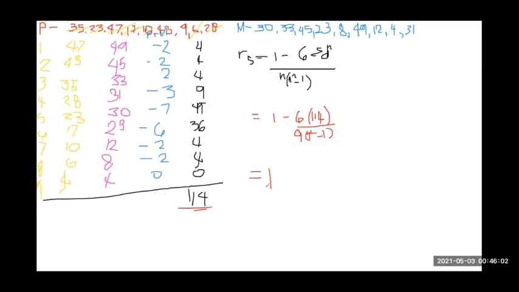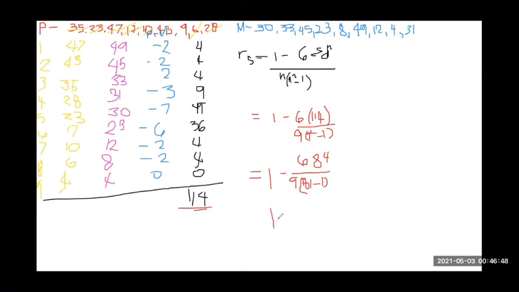So 1 minus 114 times 6 is equal to 684. 9 squared is 81. Minus 1, it will be 80.